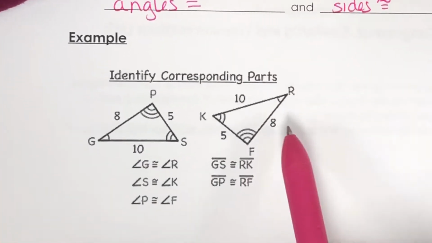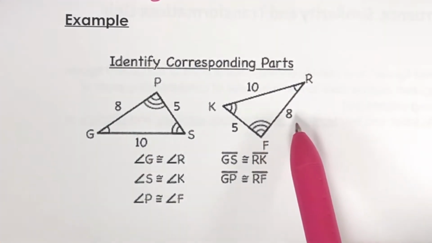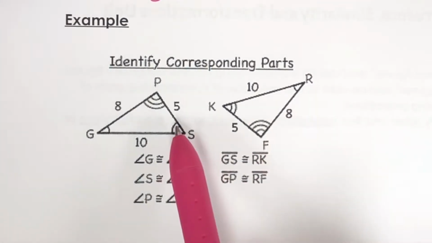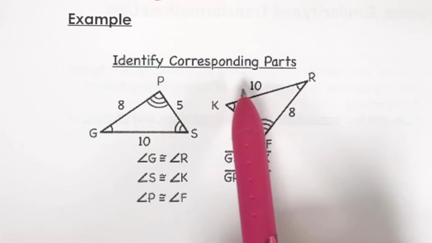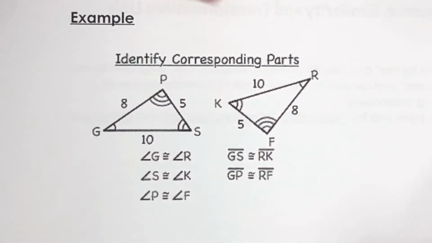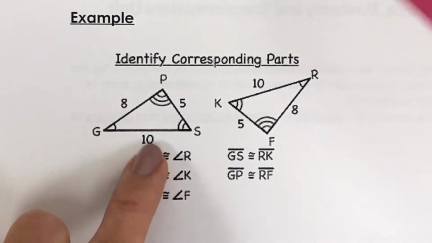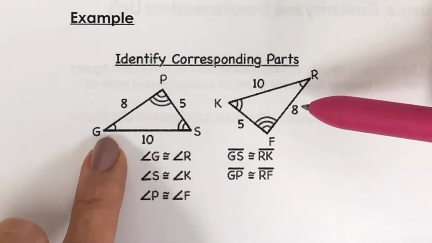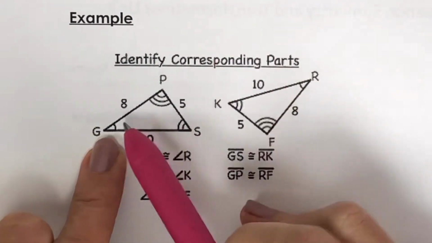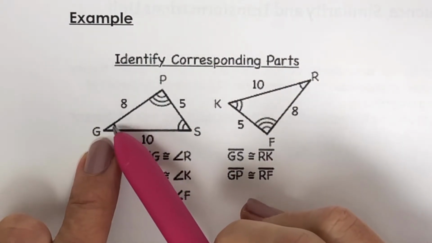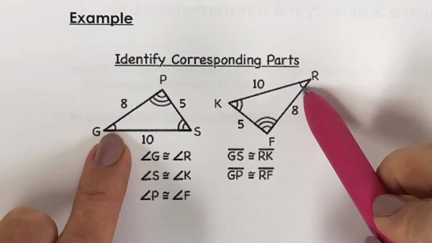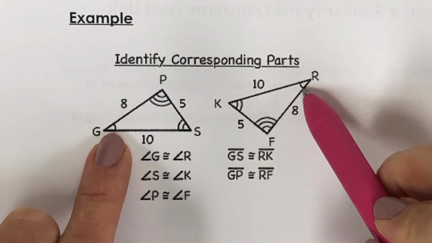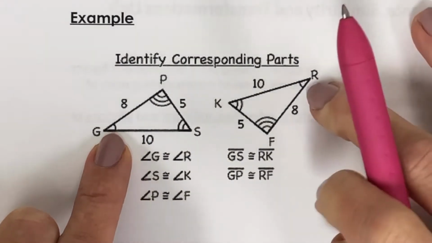There are different ways that we can identify what parts are corresponding when we have congruent shapes. So we want to identify the corresponding parts. In this one, we have two triangles. In the picture, whenever you see a little half moon there and a half moon there, one half moon and one half moon for these angles means that these angles have the same measure.